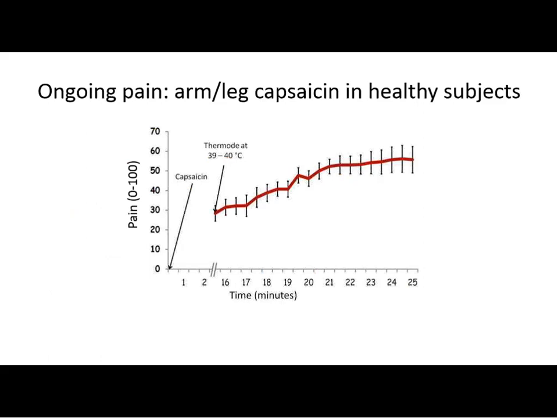We apply thermode to that area that's been sensitized, and now that warm thermode that's normally not painful at all is moderately to intensely painful. And we can maintain that out to 90 minutes if we're cruel enough. Here we're showing pain across 25 minutes in the incubation ends, and you can see that it's a pretty steady pain across individuals.